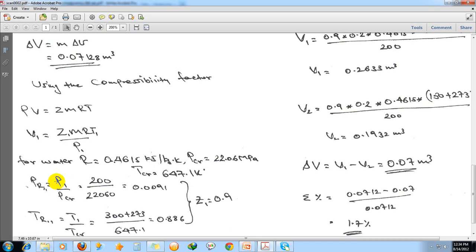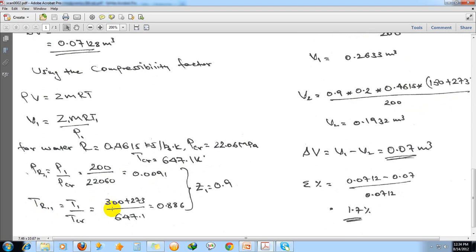The given pressure for state 1 is 200 kilopascal, and P critical from the table is 22.06 megapascal, so we have to convert it into kilopascal, 22,060 kilopascal, and the value of PR is equal to 0.0091.